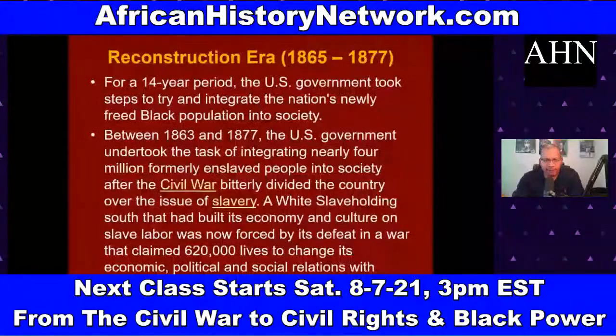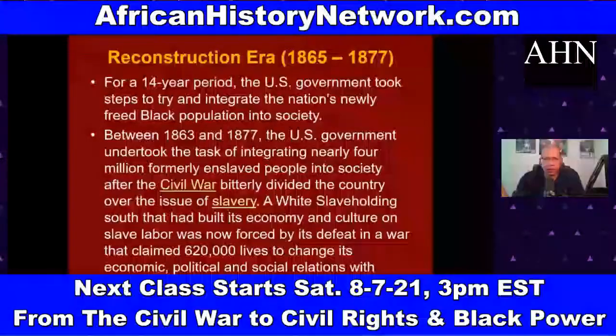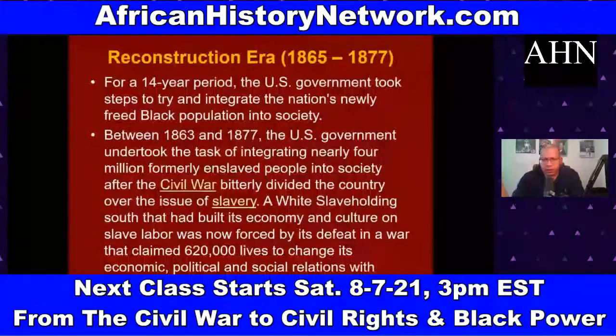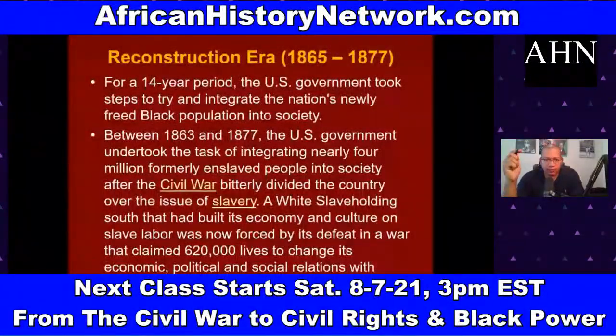And we see this continue today, with what's going on in Georgia, what's going on in Texas and Republican-dominated state legislatures. We talk about 40 acres and a mule, Special Field Order Number 15, issued in January of 1865. We deal with Juneteenth, the assassination of Lincoln, the end of the Civil War, and the 13th Amendment ratified December 6, 1865. So for a 14-year period, the U.S. government took steps to try and integrate the nation's newly freed African American population into society.